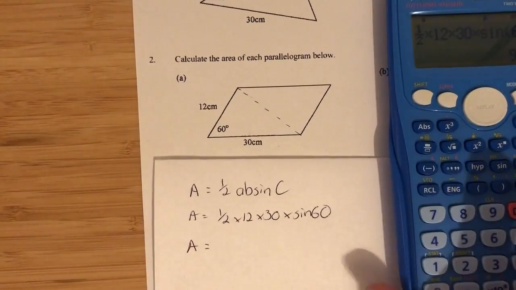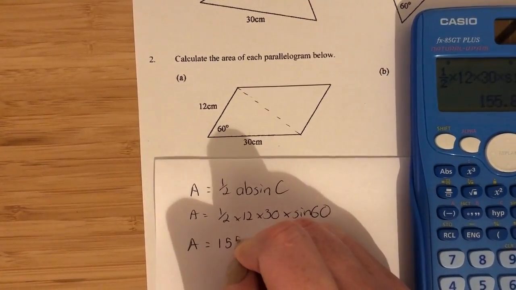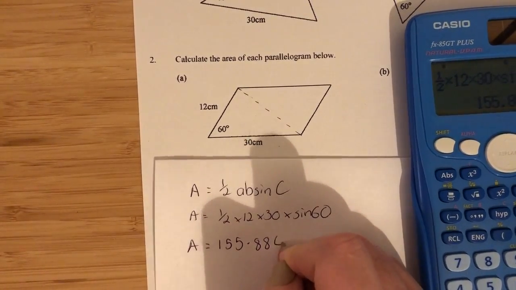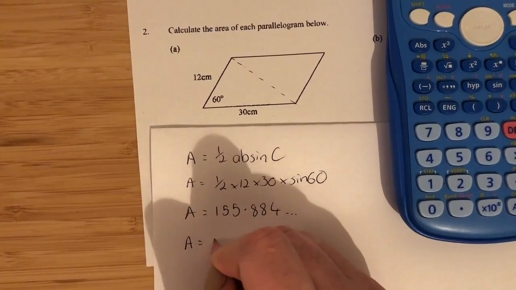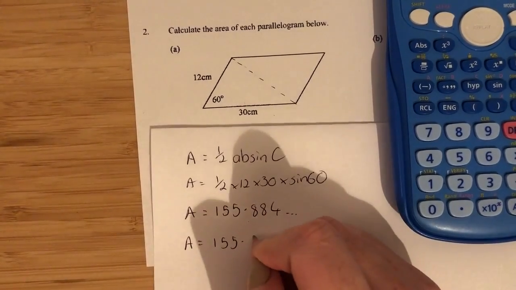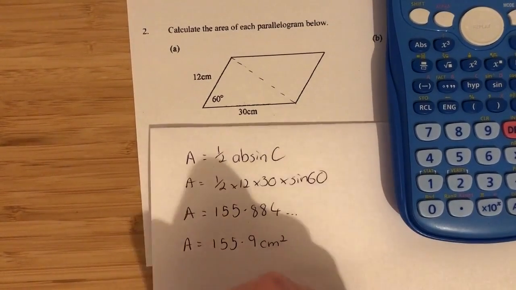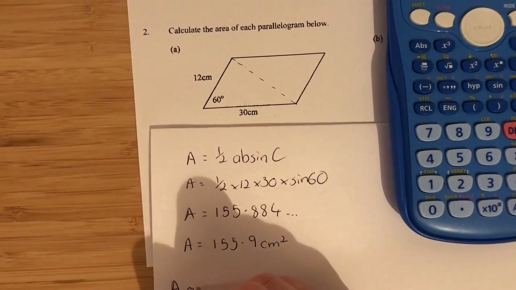Close the brackets. We're just going to change that into decimal. So write the unrounded answer first: 155.884... Then we can round that to 155 point, that 8 is going to go up to 9 just because the next number is an 8. So 155.9 squared centimetres.